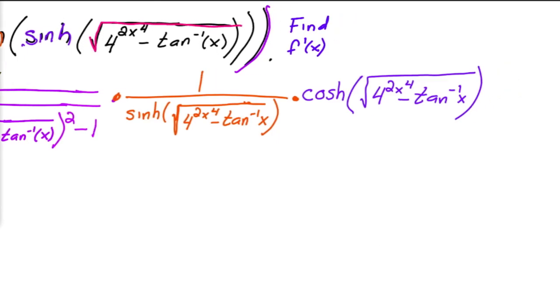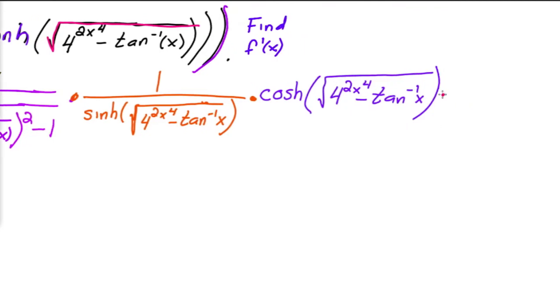So the derivative of that is 1 over 2 square root of the inside, leaving it alone, 4 to the 2x to the 4th minus inverse tangent. See, it's like a little shell that you just keep cracking at.